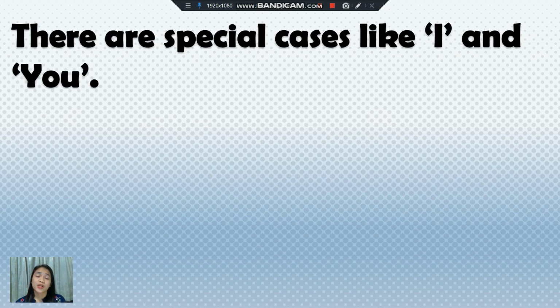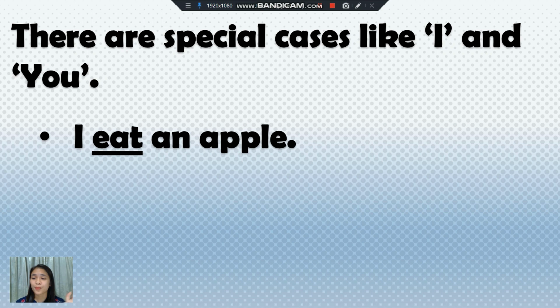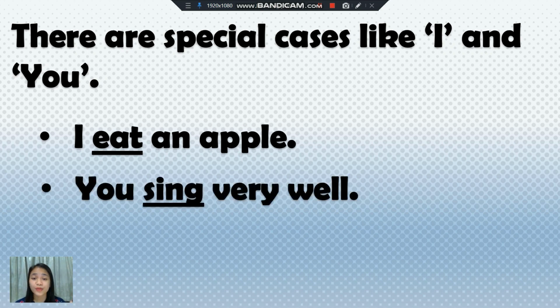Now, there are also special cases like I and you. So for I and you, say for example, I eat an apple. You sing very well. So for I and you, they are special cases. You will not put letter S in the verb if you're going to use I and you, because sometimes you is considered plural.